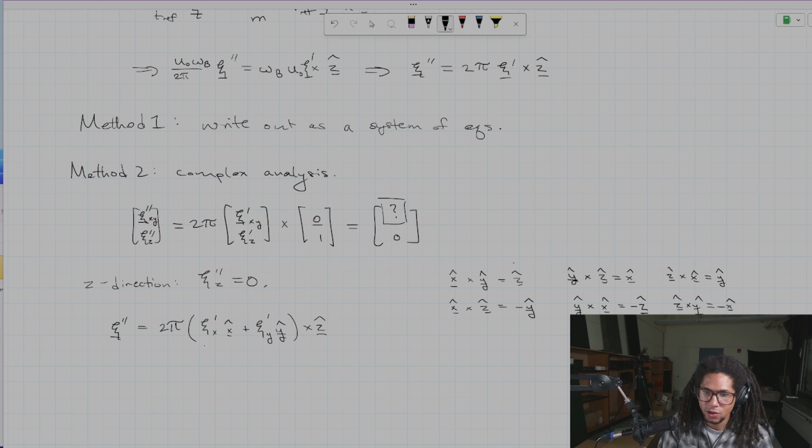All right, so that means that this is going to give us 2 pi times cx prime. X hat cross z hat is minus y hat. And then plus cy prime, y hat cross z hat is positive x hat. Okay.